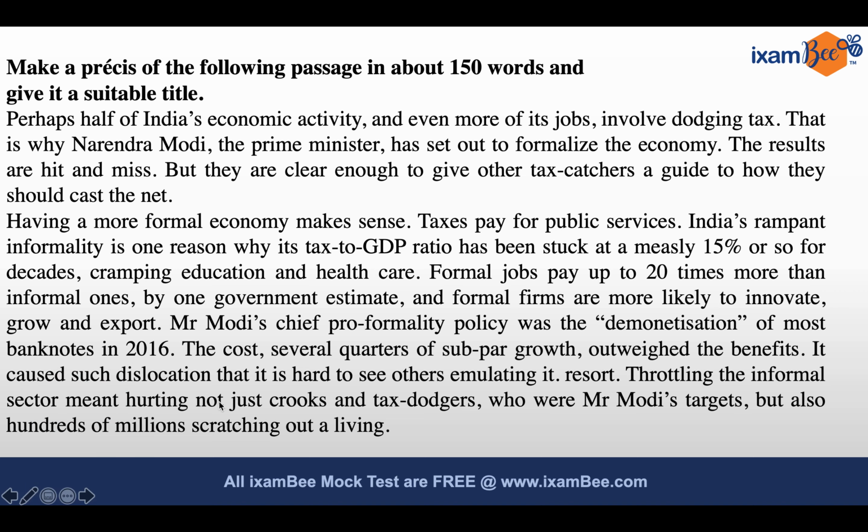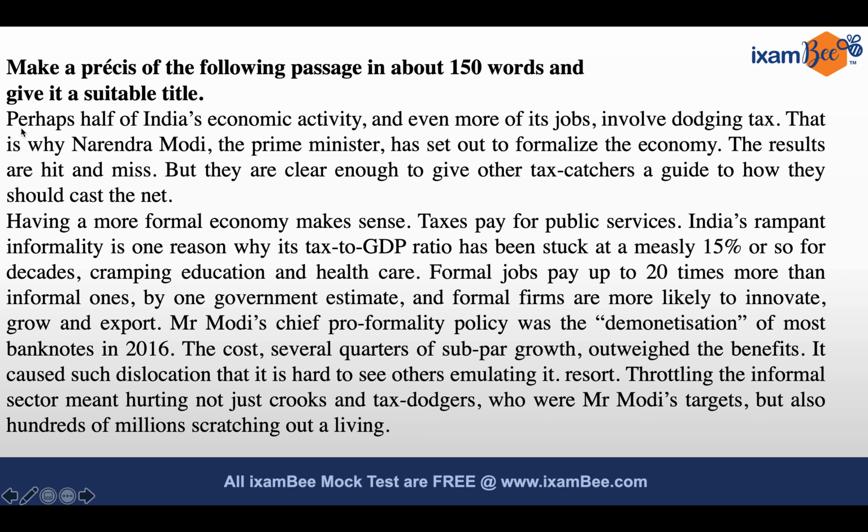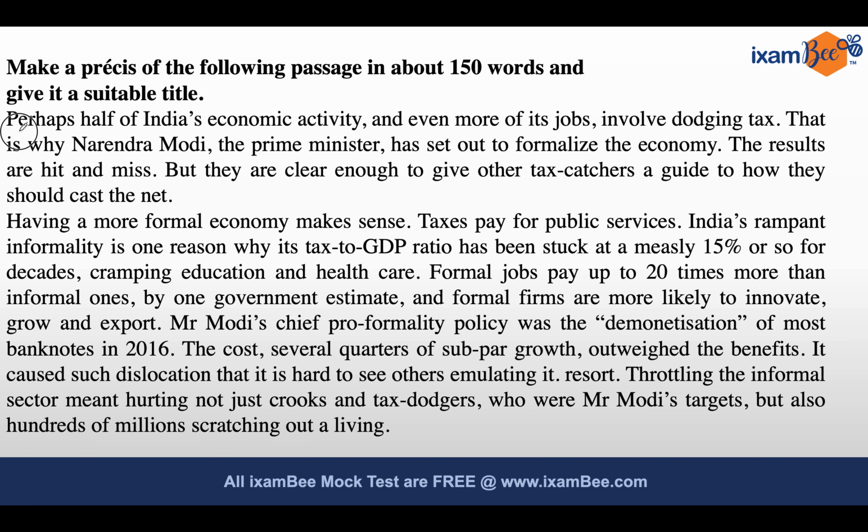It not only affected the tax dodgers and crooks, but it also affected the common people who were trying to scratch out a living. Okay, now if you try to highlight the main points, here is a very important point. This is about Mr. Modi trying to formalize the economy.